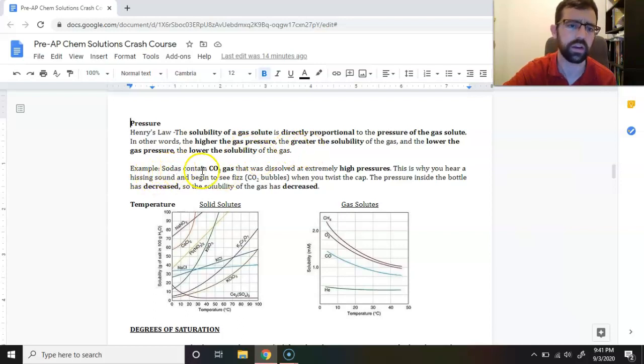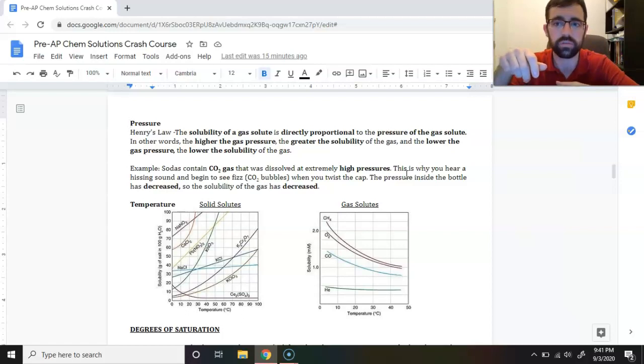So our example here, soda contains carbon dioxide gas that was dissolved at really high pressures. That's why when you uncap a bottle, you can hear it fizz and you can hear the hissing sound. You start to see it fizz and bubble. That's because the gas molecules that are dissolved in the soda are less soluble because we decrease the pressure.